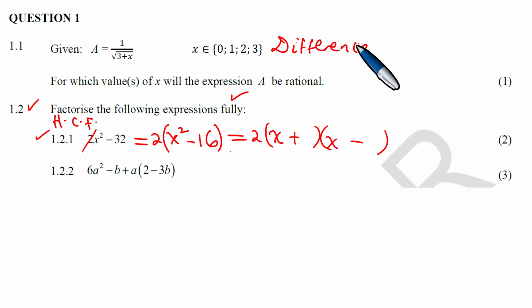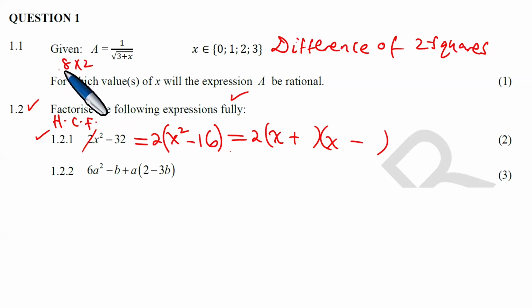Yes, the factors of 16, which when we add, give 0 because there's no middle term here. There's no x term. So there must be equal factors of 16. And what are those? Okay, 8 times 2, we get 16. But again, you see 8 times 2, when we add them up, we get 10, and there's no 10 here.